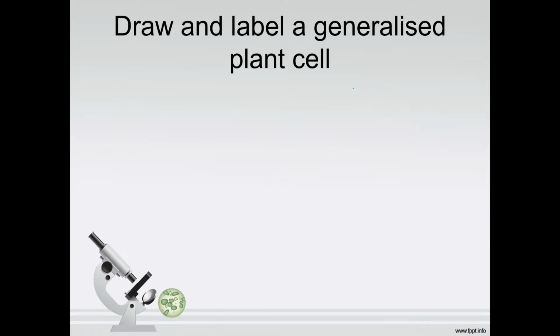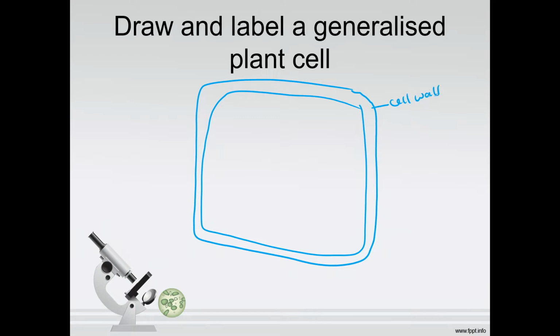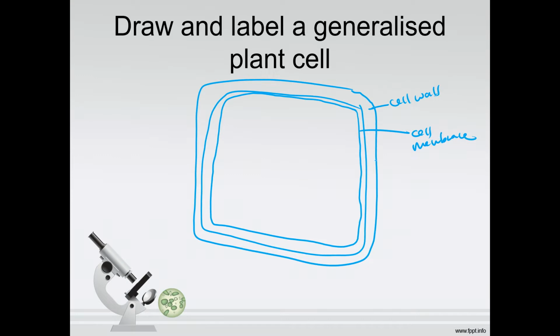Sometimes you'll be asked to draw a plant cell. Make it a little bit more square. Show the cell wall pretty thick. You can show the cell membrane just inside the cell wall. Whoa, I'm not doing a very good job of staying close to the cell wall. But you know what I mean, right? So we've got a cell membrane. We've got some cytoplasm.